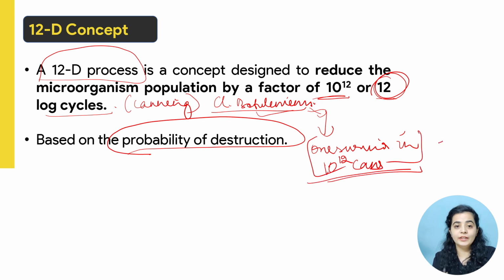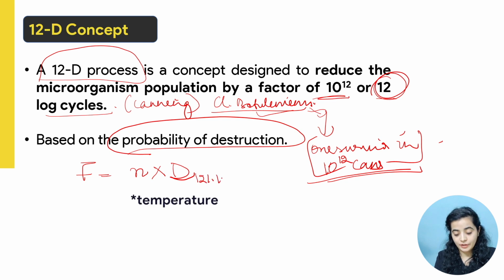So how do we find the time and temperature conditions of 12D concept? So from our last definition of F value, we saw F value is the level of degree of reduction, that we can say N, into your decimal reduction time at that temperature. So in case of sterilization, we see that the time is 121.1 degree Celsius. Yes.